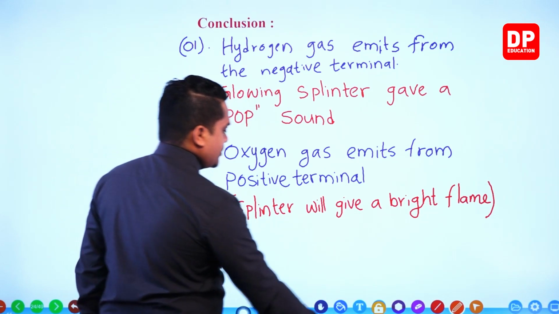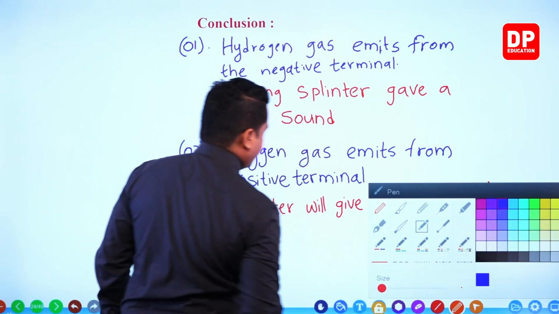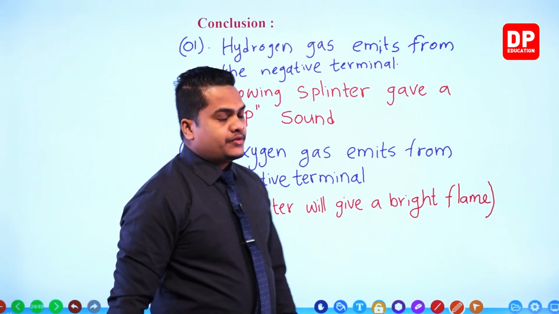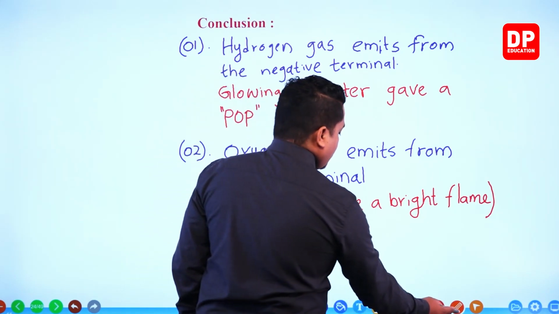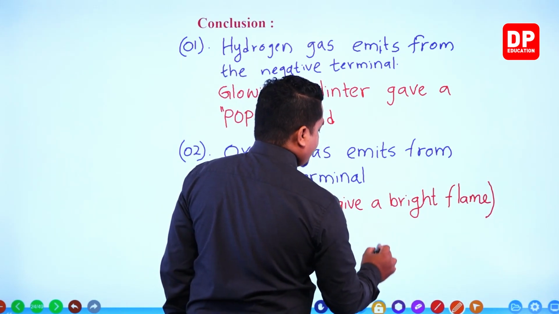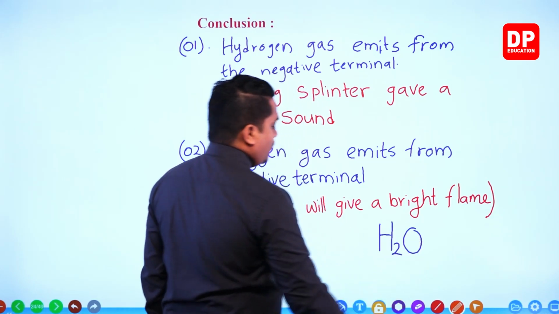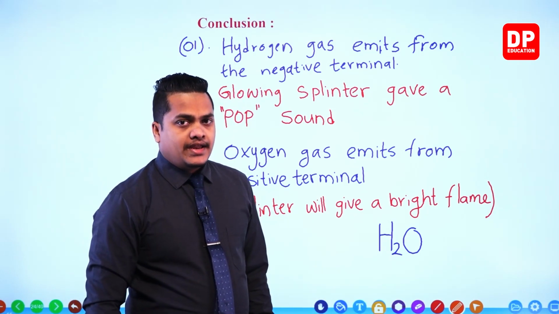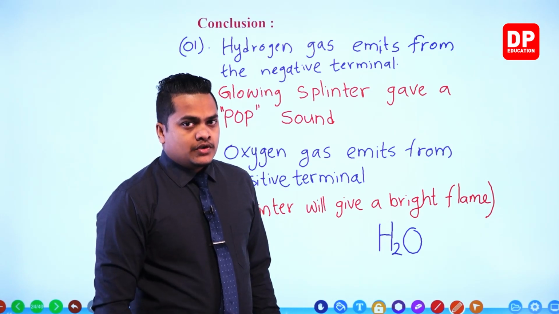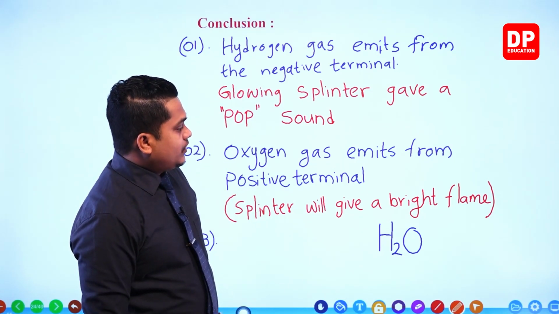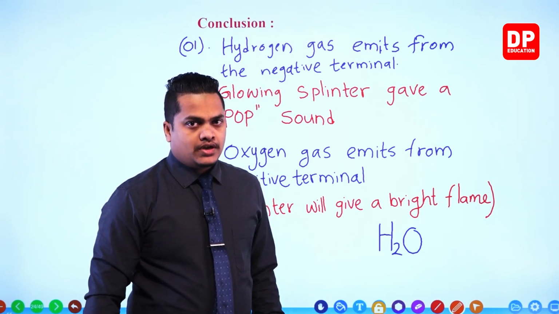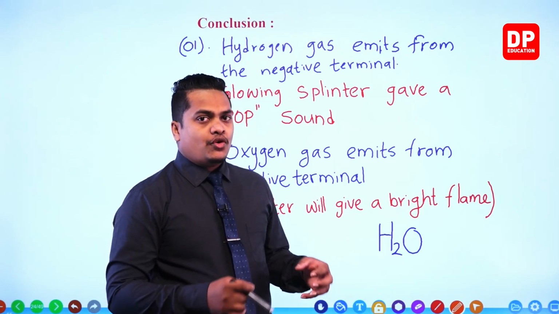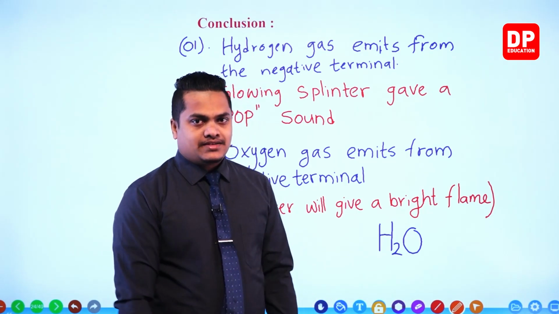And there is another conclusion. What is the final conclusion? There is another one. So my dear children, you know that water is made up with the two substances, oxygen and hydrogen. So the chemical formula for water is H2O. So oxygen and hydrogen bonds together to create the water molecule. So when you are providing electricity to the water, to the acidulated water, what happens here is water breaks down to form oxygen gas and hydrogen gas.